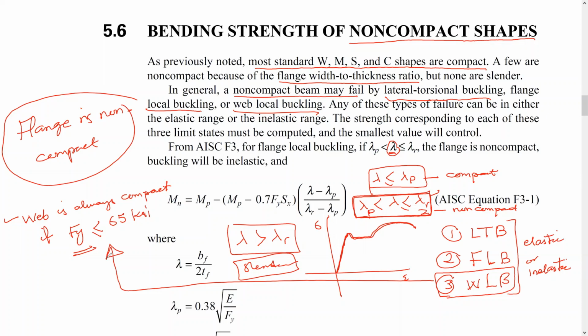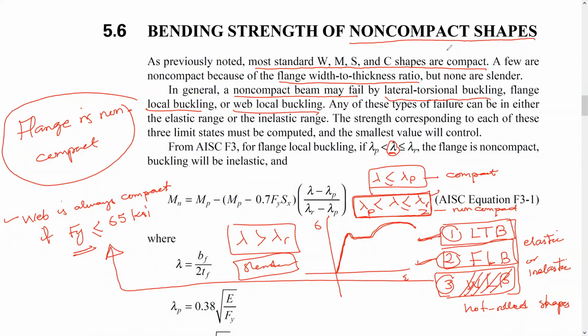So that means this one is not applicable for hot rolled sections, the ones in the manual. So the flange will be non-compact, and either one of these will be the limit state for buckling for non-compact sections. We'll show you how to do that, inshallah, in one example.